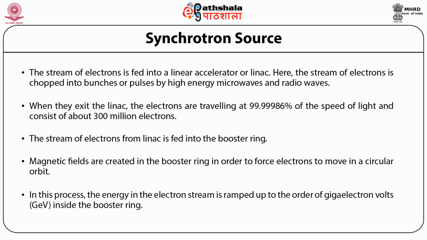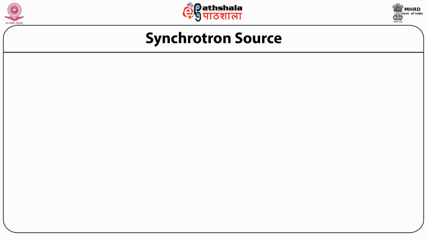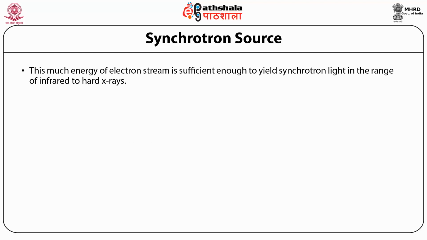In this process, the energy in the electron stream is ramped up to the order of giga electron volts, that is GeV, inside the booster ring. This much energy of the electron stream is sufficient to yield synchrotron light in the range of infrared to hard X-rays.